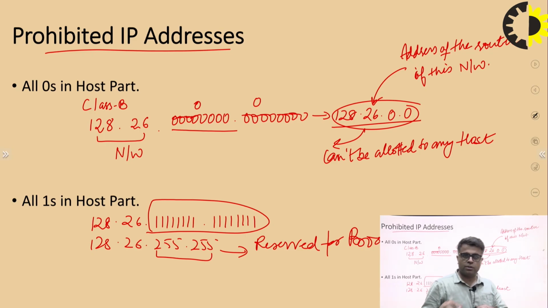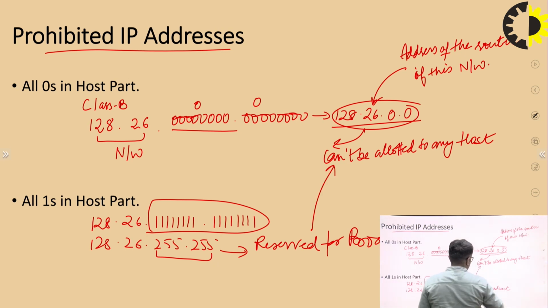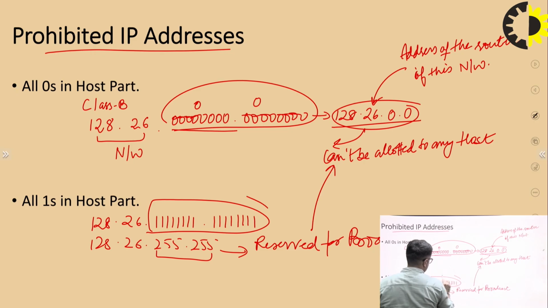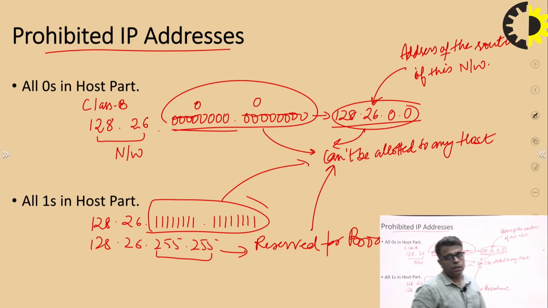When the network sees all ones in the host part, it knows the message is to be sent to all the devices in the network and does not belong to any particular host. So that's why this also cannot be allotted to any host. All zeros and all ones cannot be any host.